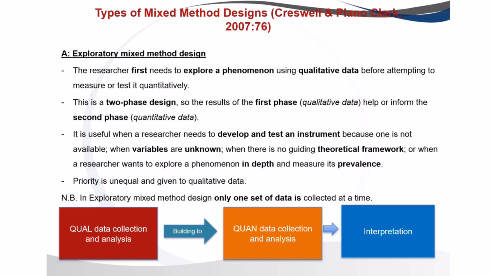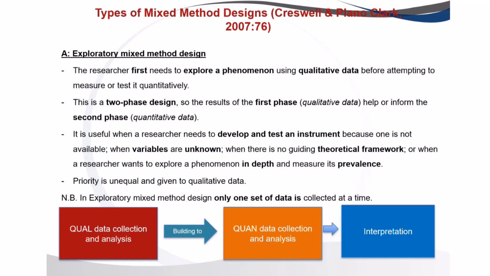But when you look at this exploratory mixed method design, priority is unequal and is more given to the quantitative data. In exploratory mixed methods design, only one set of data is collected at a time. Please, it's very important.